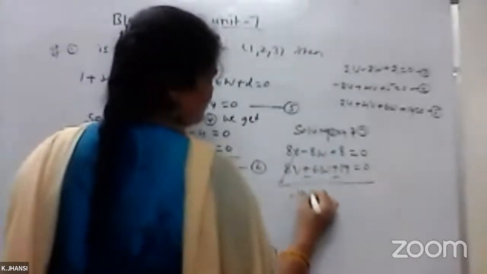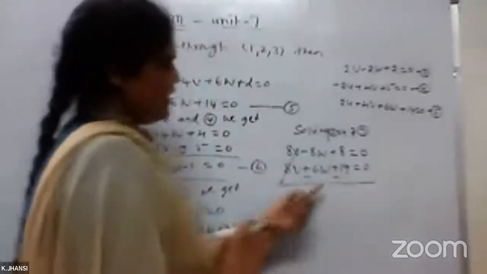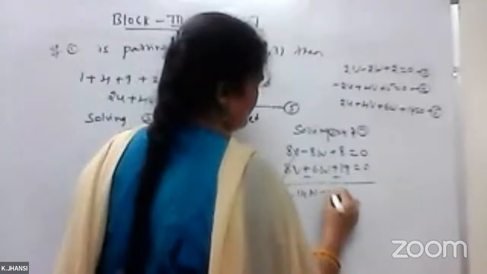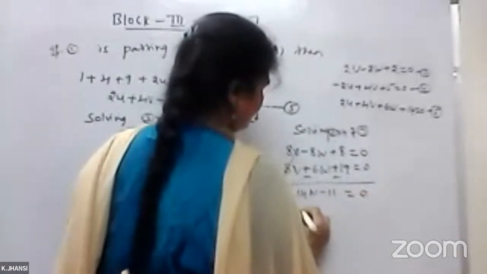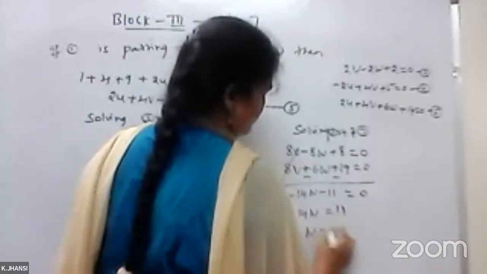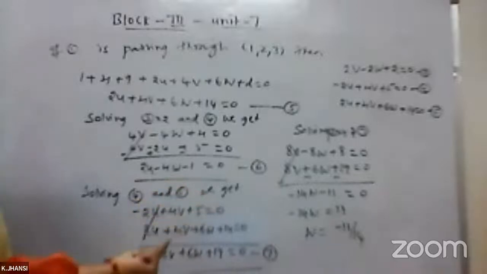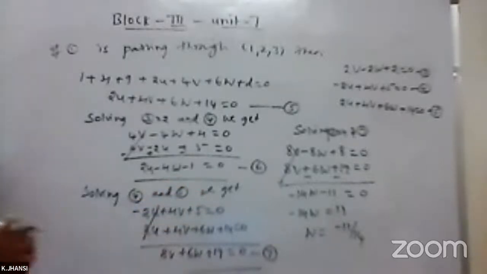It is minus 14W and this 19 means you will get minus 11. So minus 14W equals to 11. W equals to minus 11 by 14. So W value is minus 11 by 14. Now you substitute this W value in seventh equation, you will get the V value.